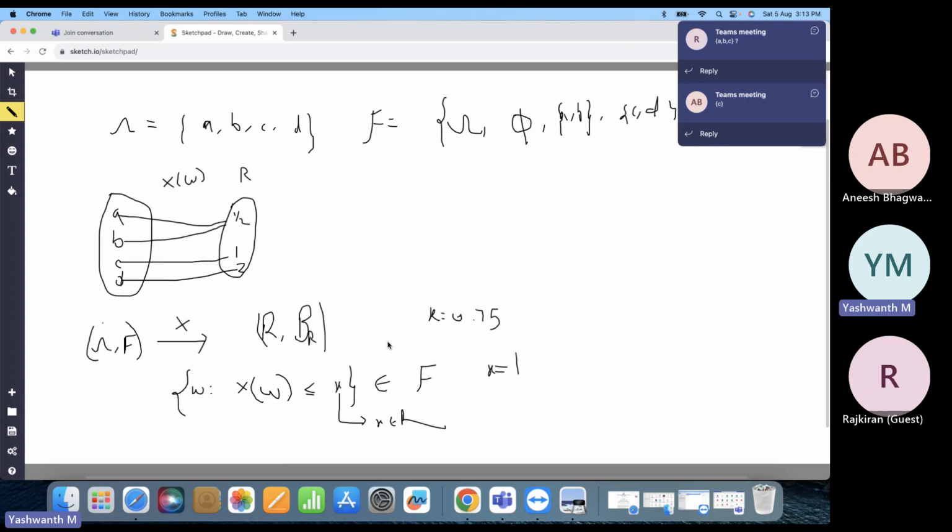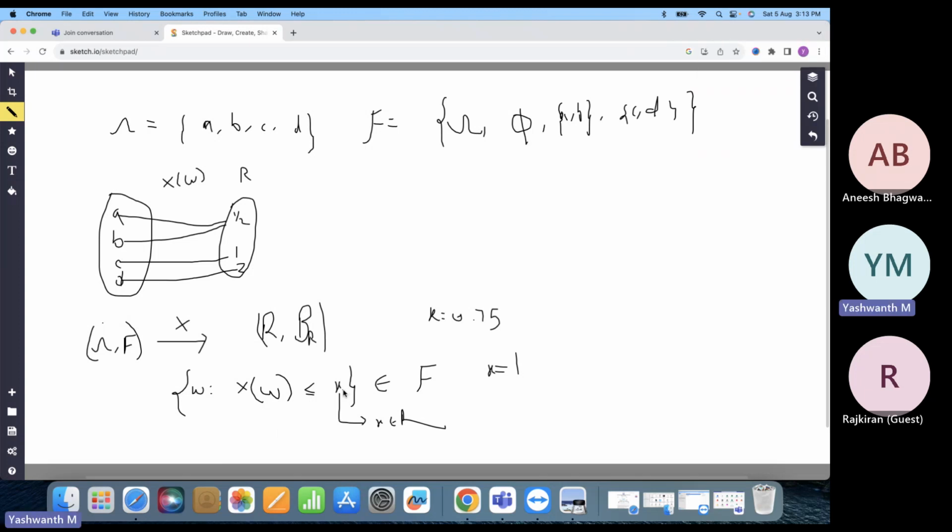No, C alone is not correct, because the set of omega such that X of omega is less than or equal to 1: C satisfies that, it is exactly equal to 1, but A and B also satisfy that condition, because A and B map to 0.5, which is less than or equal to 1. So A, B, C all belong.